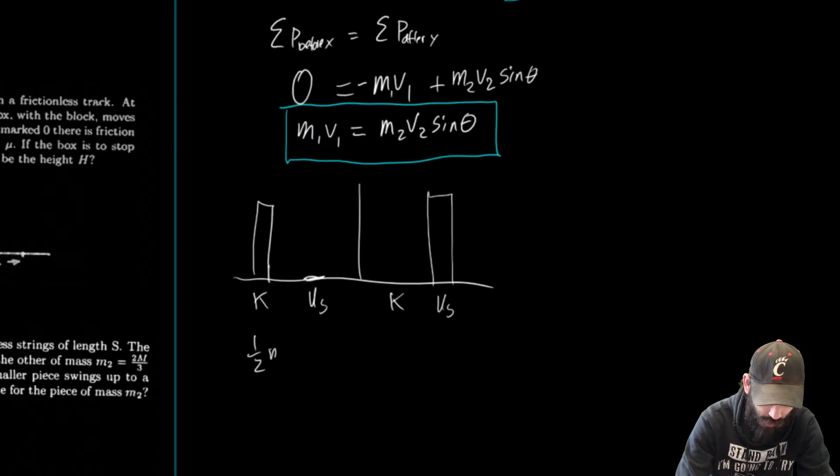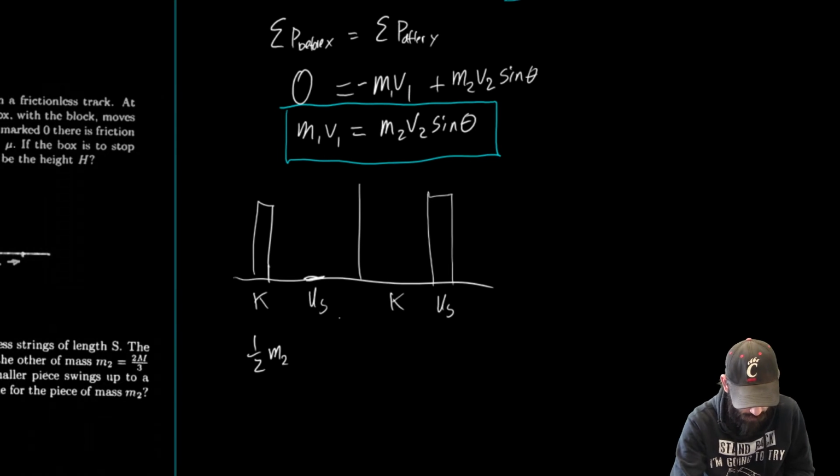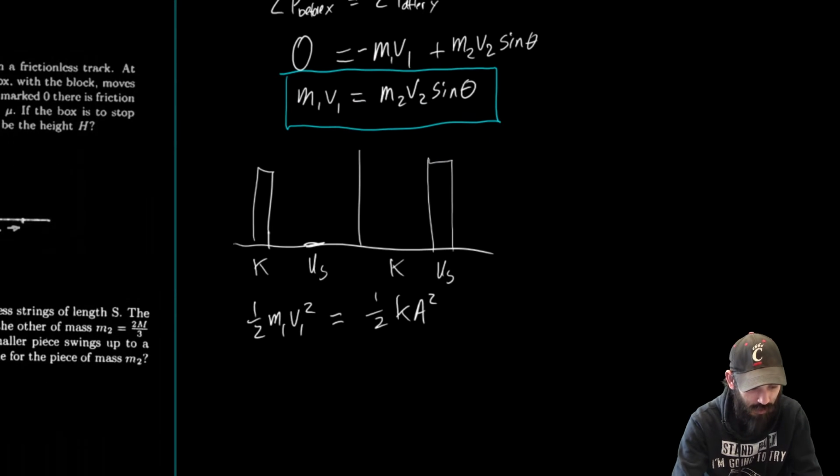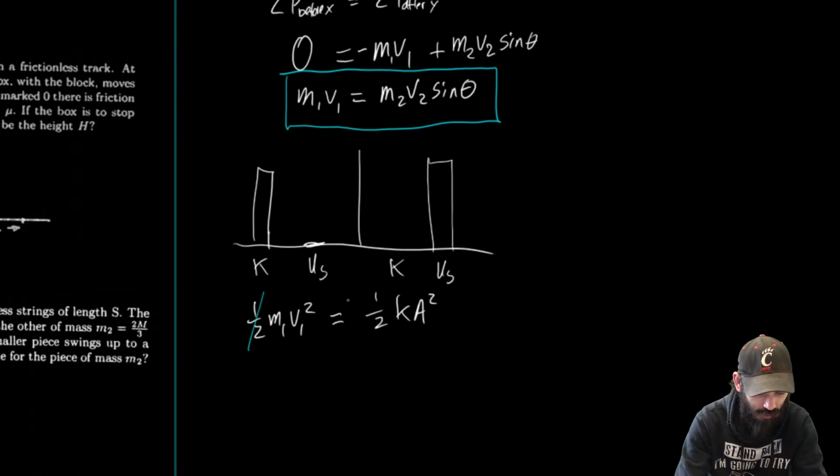So this says 1/2 m2 v, this is V1, M1. M1 V1 squared is going to be equal to 1/2 K A squared. And so from this, what we can do is determine an equation for V1.